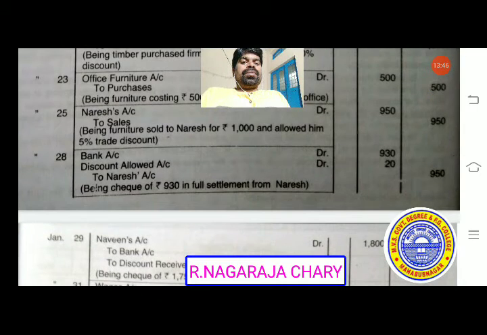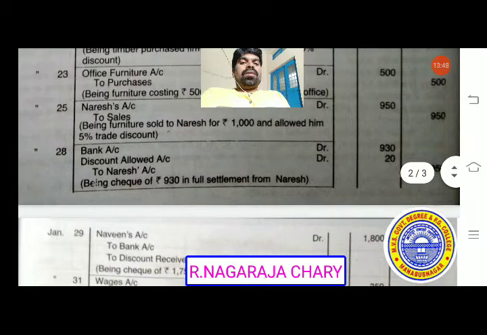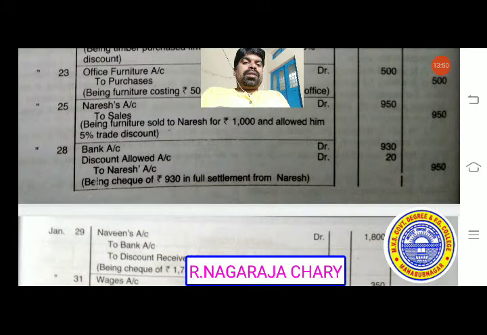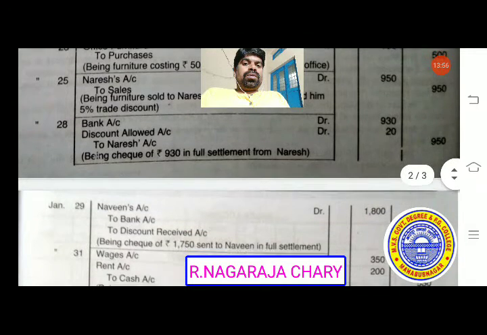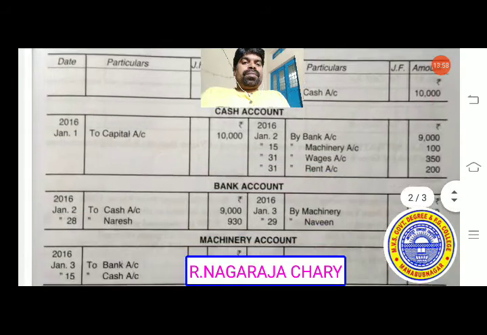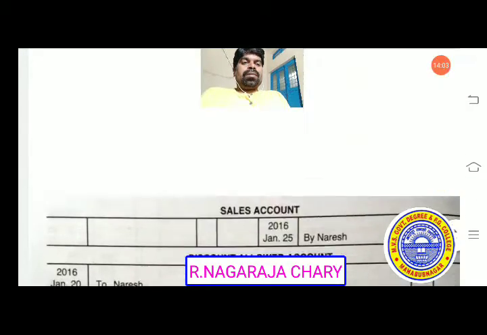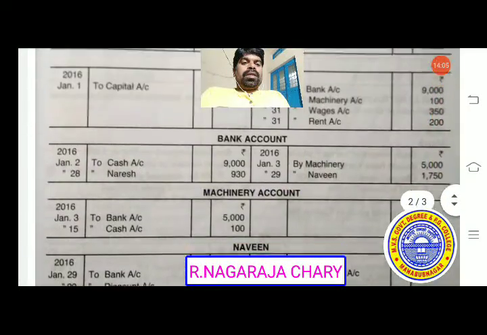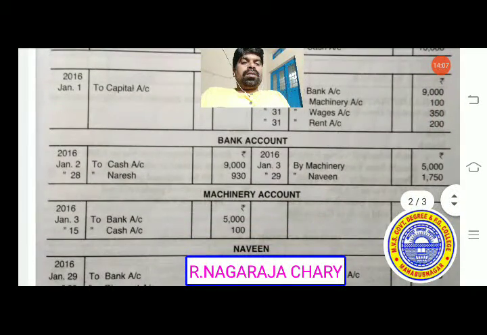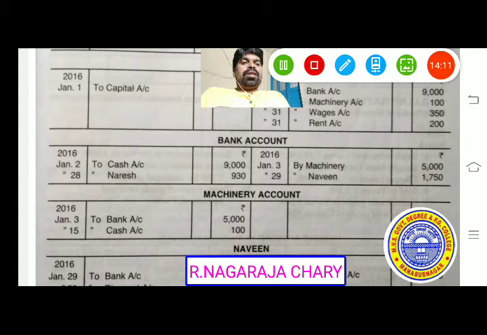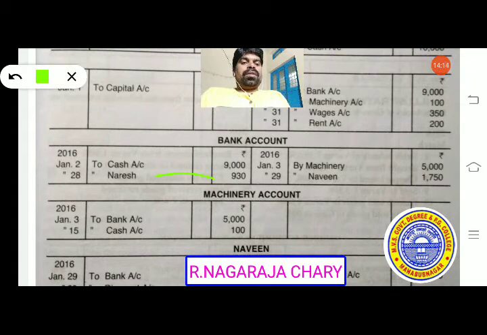The same way you have to write bank account debit, discount allowed account debit to Naresh account, 930, 20 rupees and 950. In the bank account, you see 930 rupees, this 930 rupees is recorded.